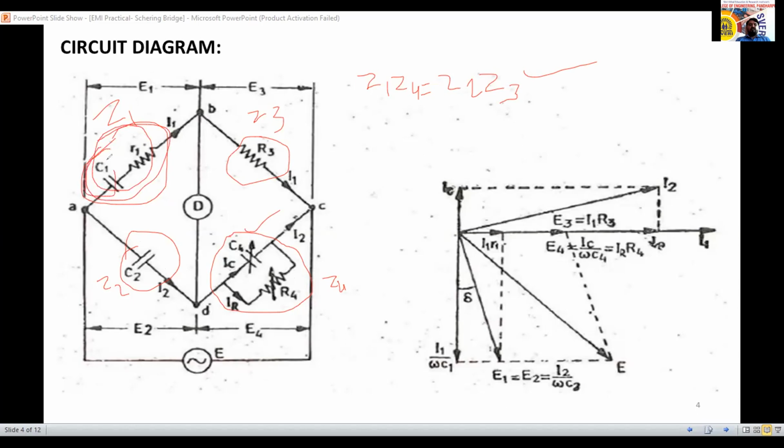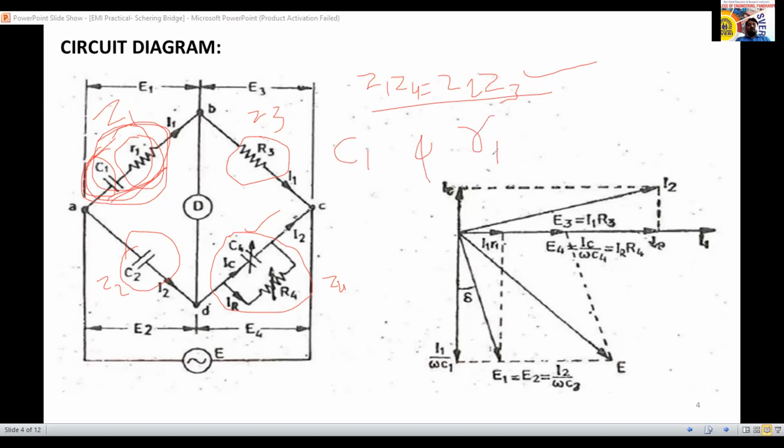C1 is the unknown capacitance and R1 is the unknown resistance, so we get the C1 and R1 equations.